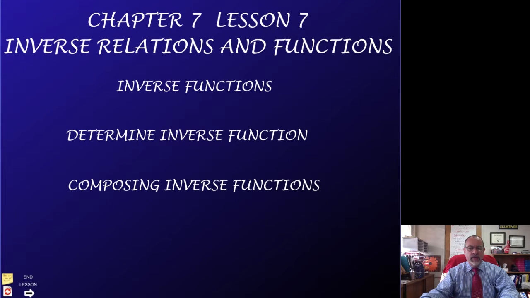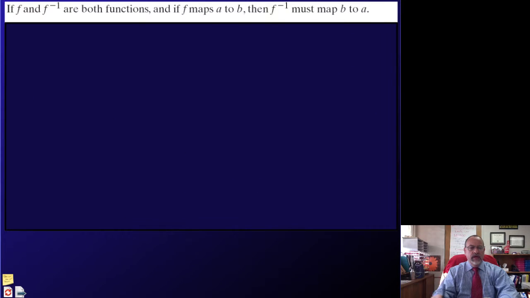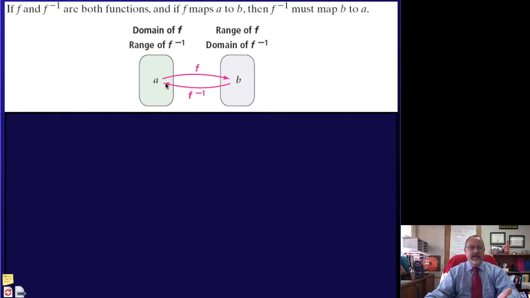When we do that with inverse functions, something interesting happens, so we want to take a look at that. If we are doing this composing with f and f inverse, and they both are functions, then the inverse must map b onto a if f maps a onto b. What does that mean? Here's what it means.